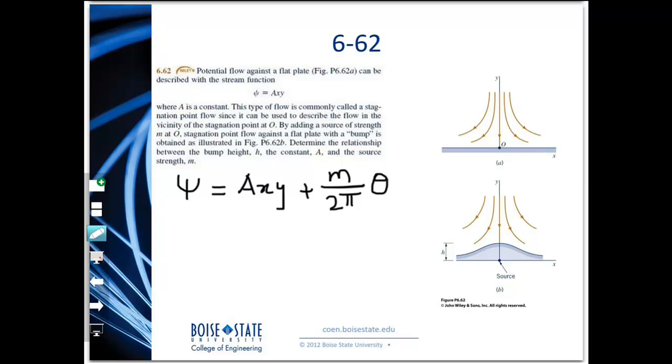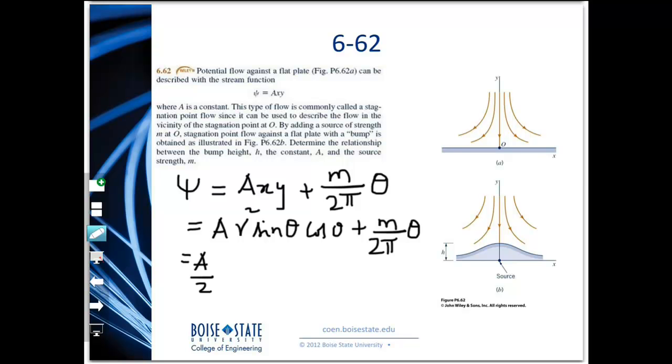And we can then convert the x and y coordinates into radial coordinates r, theta. So I can write this as a r sine theta times r cos theta plus m over 2 pi theta. And then I can rewrite this in terms of sine 2 theta. This will be a over 2 r squared sine 2 theta.